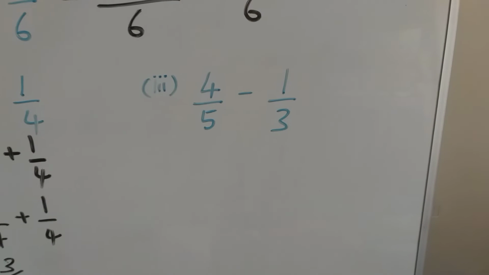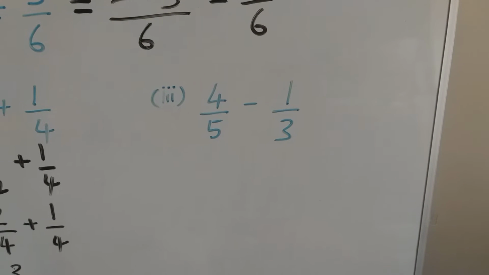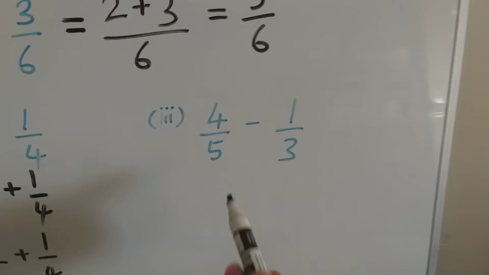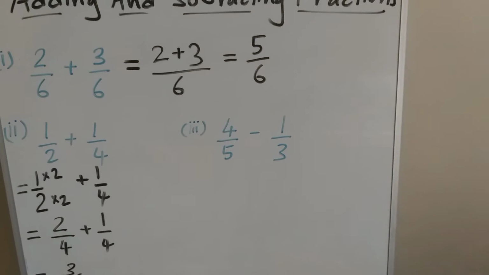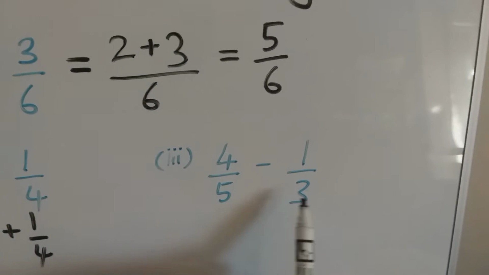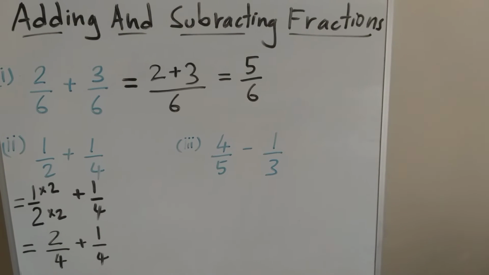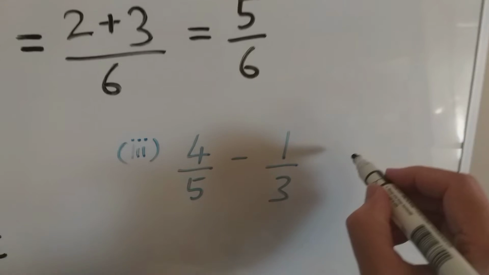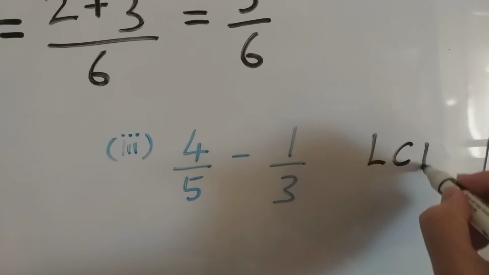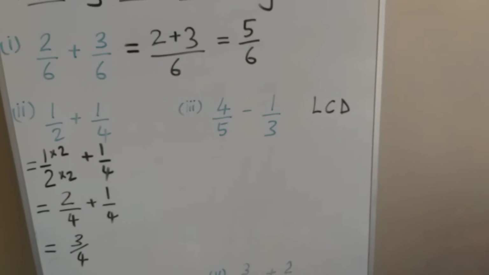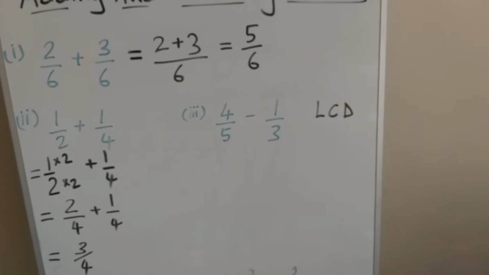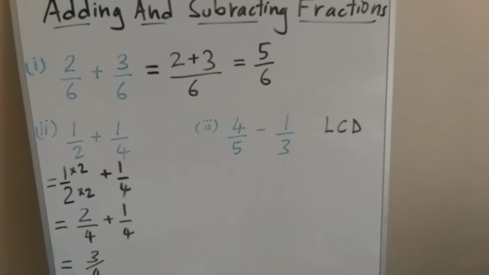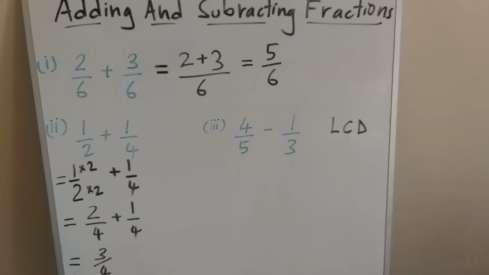Now in this example over here, it's 4/5 minus 1/3, and we can see the denominators are different. This time we have to multiply both the fractions by a number to get the same denominator. Now here we have to look for something called the lowest common denominator, the LCD. So the lowest number in which 5 and 3 will go is 15.